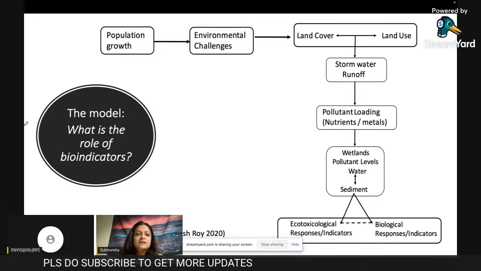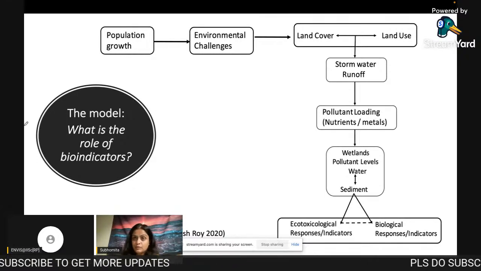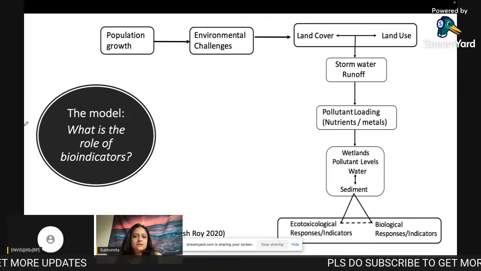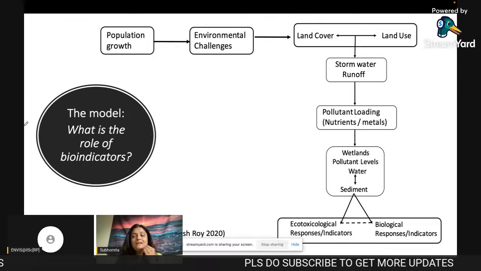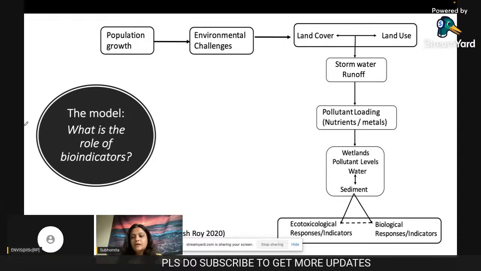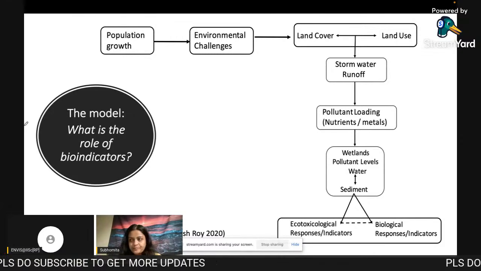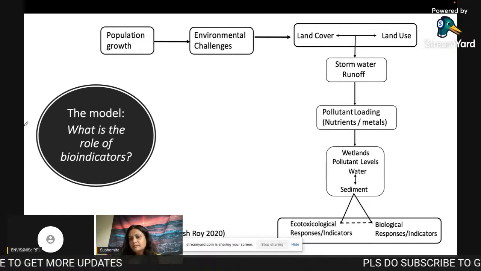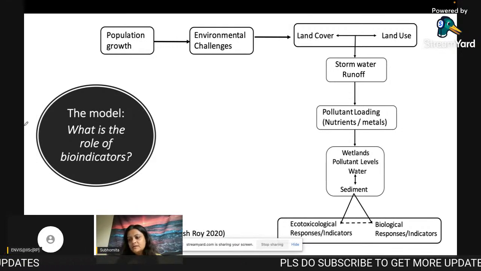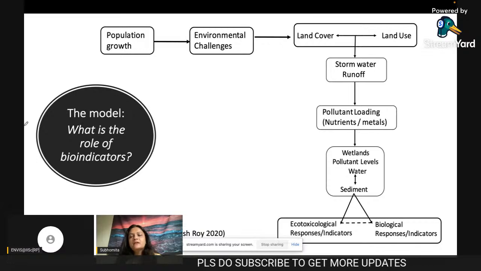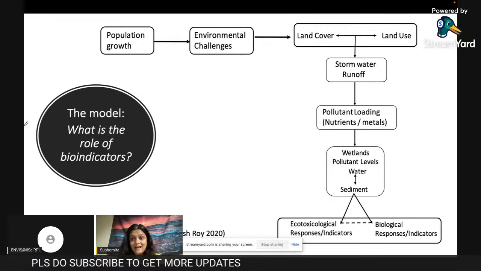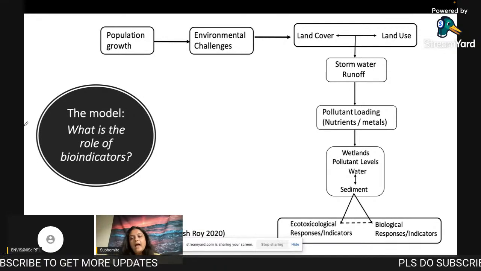So it starts from, if there is population growth, then there will be environmental challenges, which means that the natural land cover is being converted into artificial land use, and that will generate more storm water. Why? Because artificial land use will increase the impervious surfaces. So, if it's human used land, then there will be pollutants.